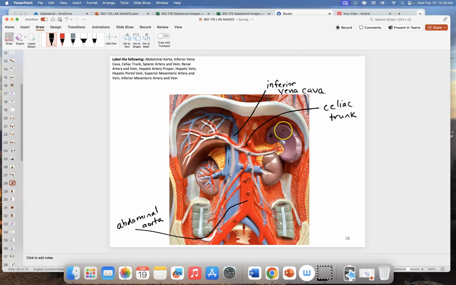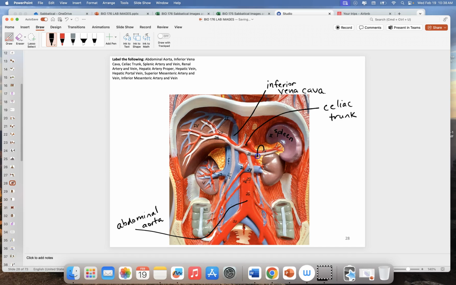And then next, if we locate the spleen, which is right here, can even label it just to make it a little bit easier. We can see that we have our vessels that are associated with the spleen.